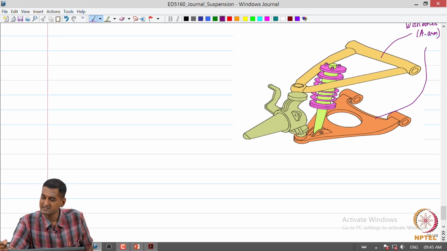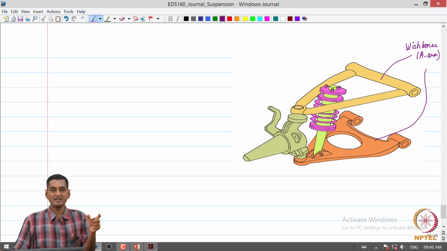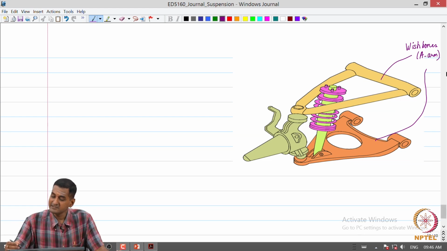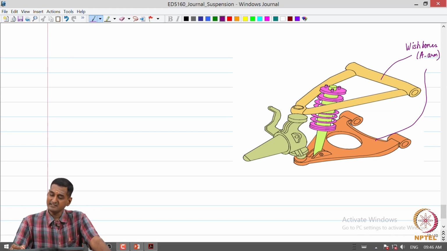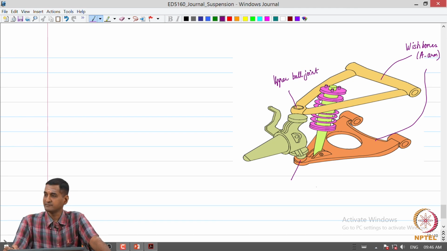So, that is the reason. So, these two suspension links are shaped like wishbones or like an A. So, what happens is that we can immediately see that these two wishbones are connected to the steering knuckle at the upper ball joint and the lower ball joint.